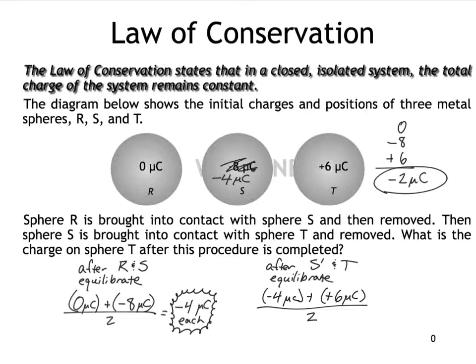And right now, the -4 and the 6 are summing to a +2, so I know that overall my new answer is going to have to sum to that as well. But in any case, the -4 plus the 6 is +2. We're going to divide that by 2, and we're going to get +1 microcoulombs each for both of those spheres.